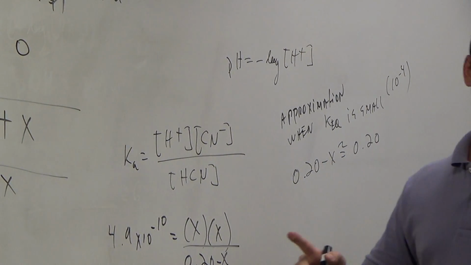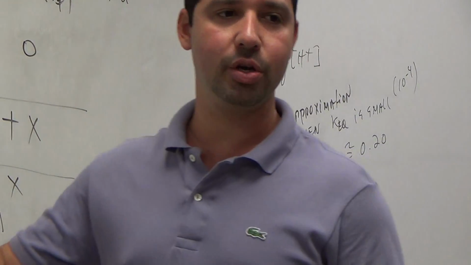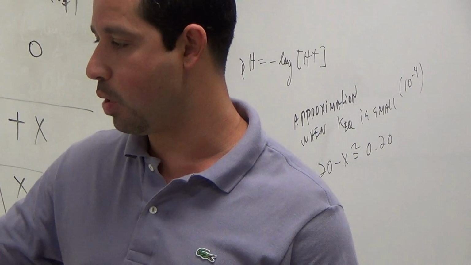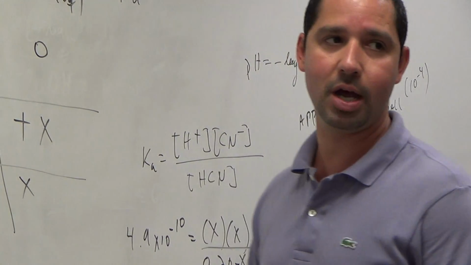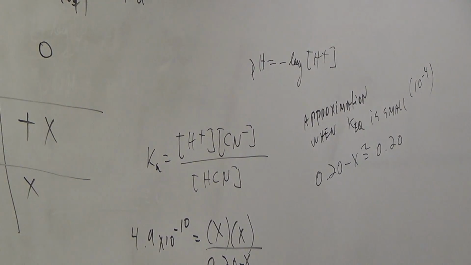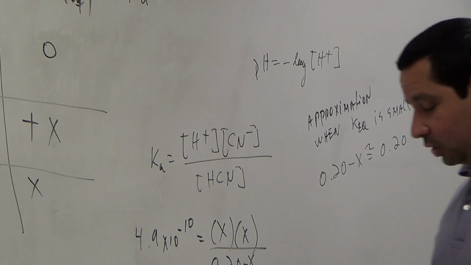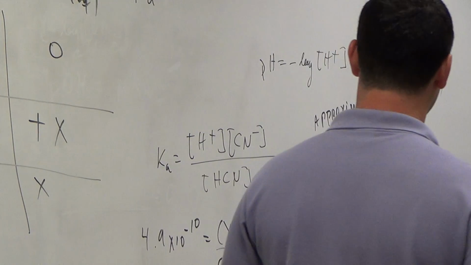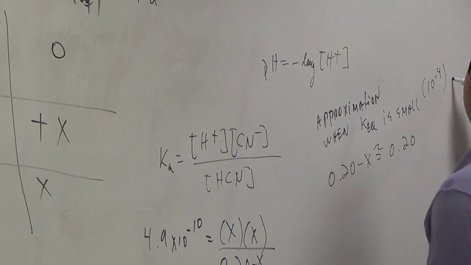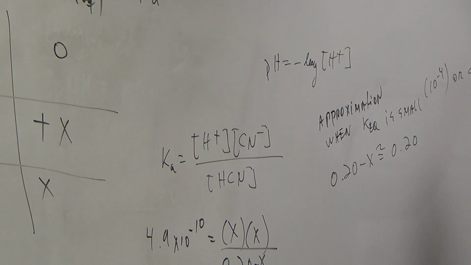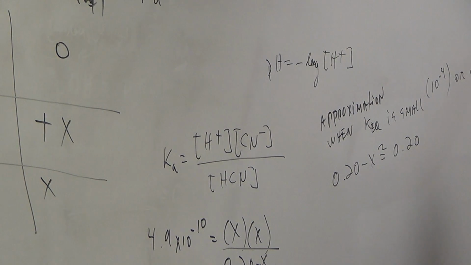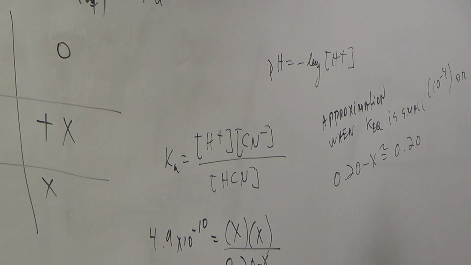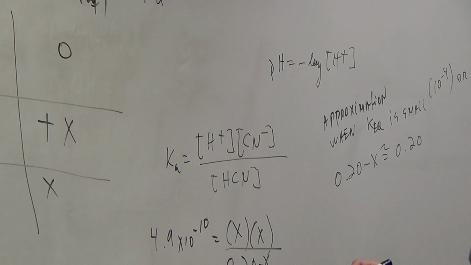If this concentration is somewhat large, if it is in the 0.0 something, then it's not very small. So anything that is 10 to the minus 4 or smaller, meaning 10 to the minus 5, yes? I gotta say that, because some of you don't know.